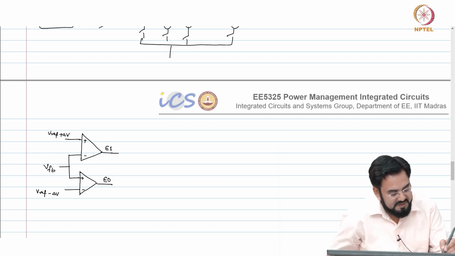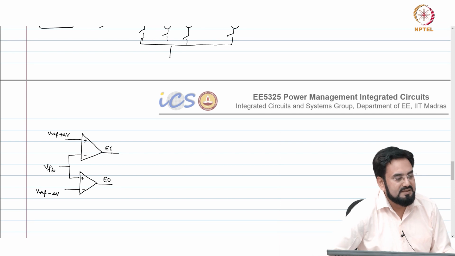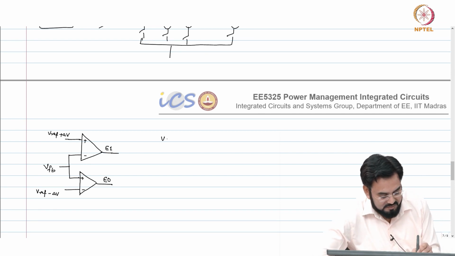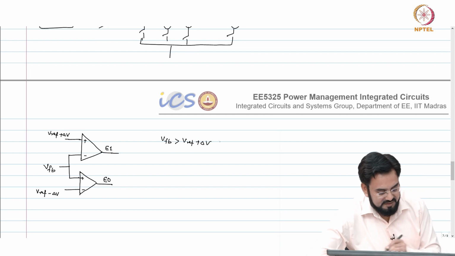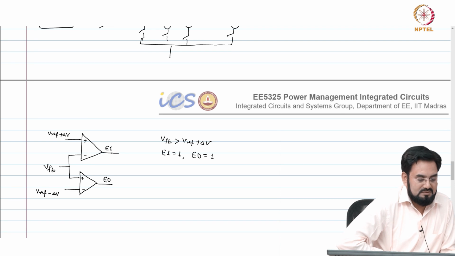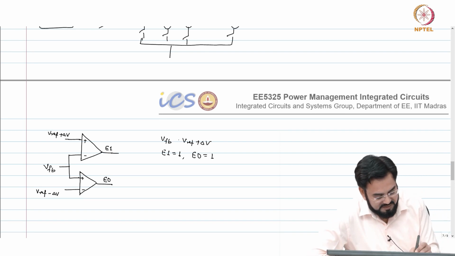So, if your VFB is higher than Vref plus delta V, what will be the code? So, VFB is greater than Vref plus delta V, E1 equal to 0, because VFB is greater than, sorry, VFB is less than.